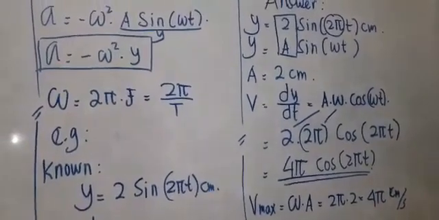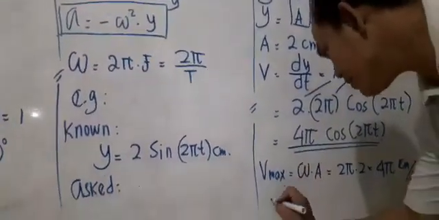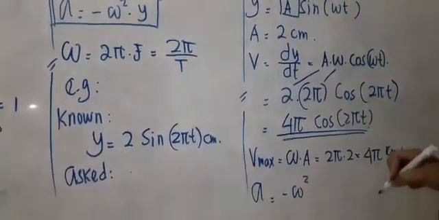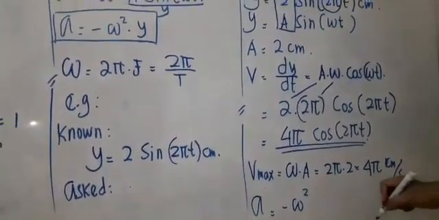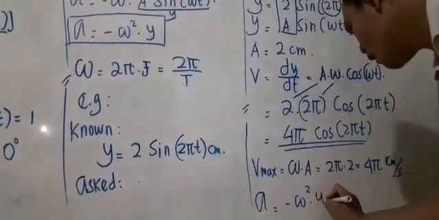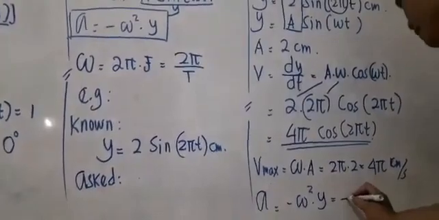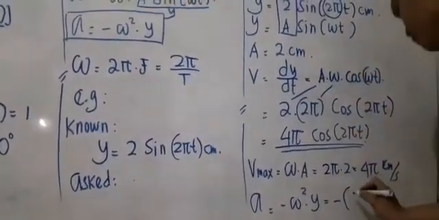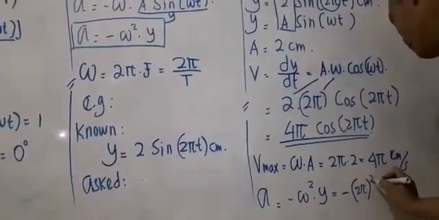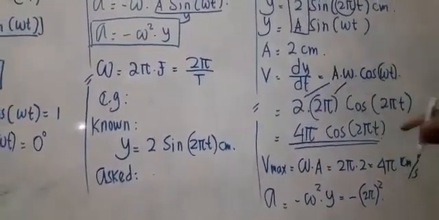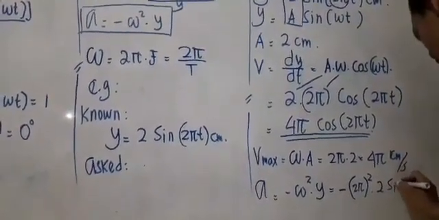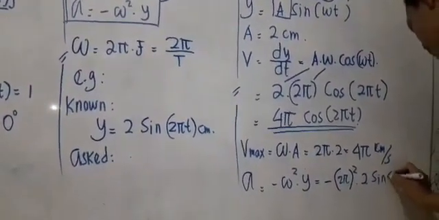The next is the acceleration. The acceleration is minus omega square times y. Omega is 2 pi, squared, times y, where y is 2 sin 2 pi t.